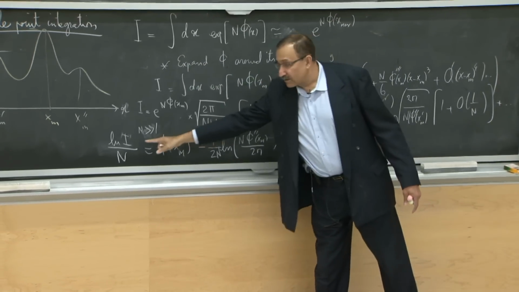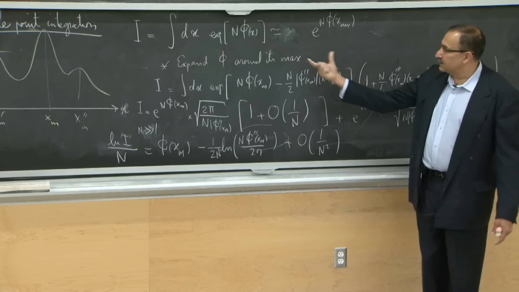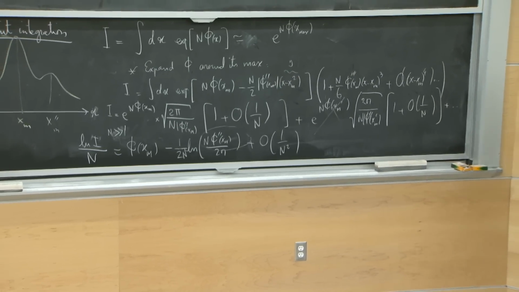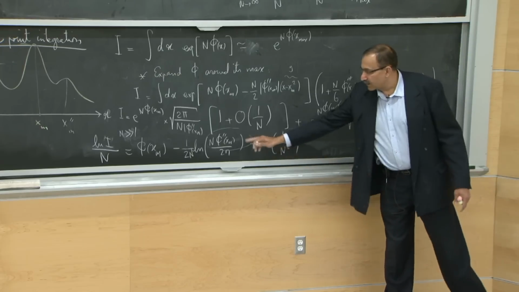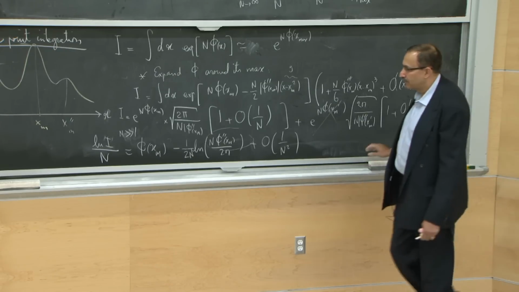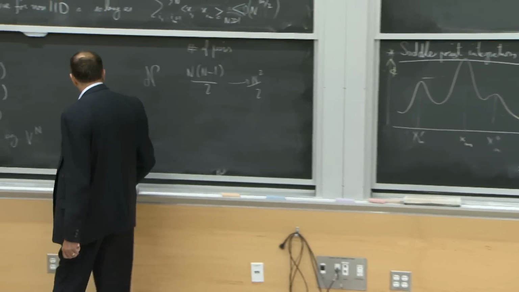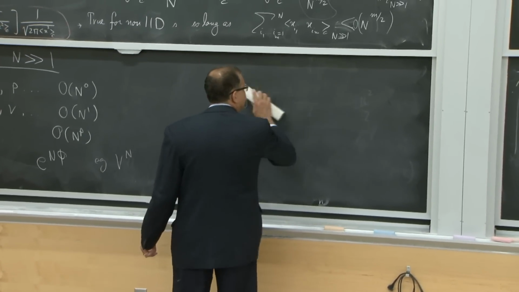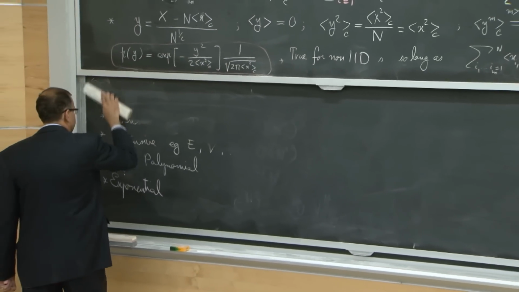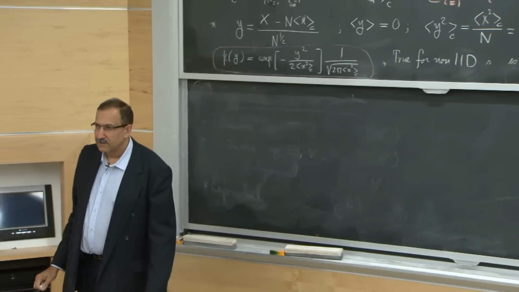Now, when I take the log, it doesn't matter that much, but the dimension appears over here. It's really the size of the interval that contributes, which is of the order of n to the 1/2, and that's where the log n comes. Okay? Questions?